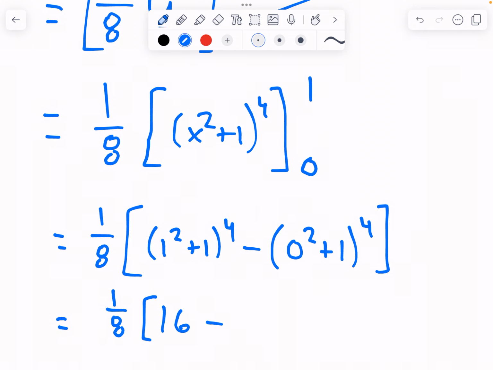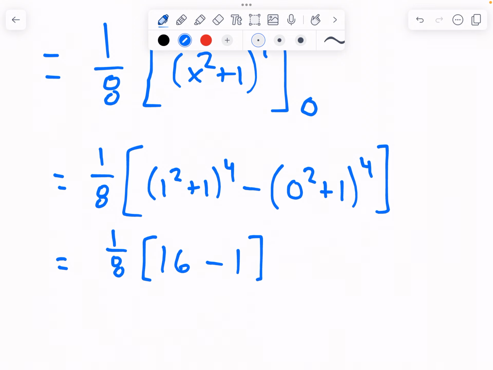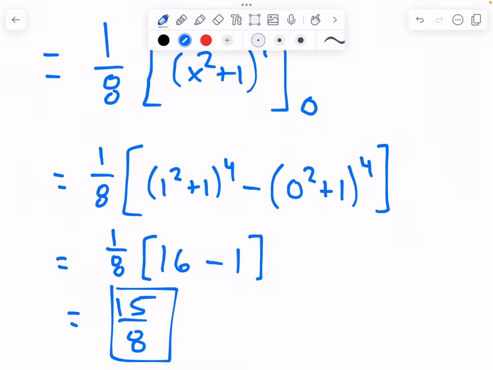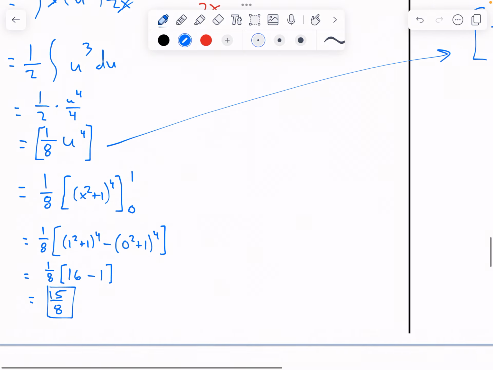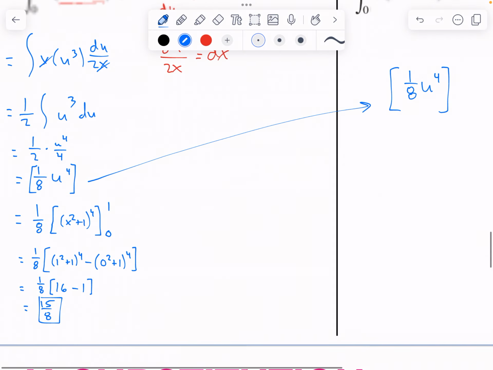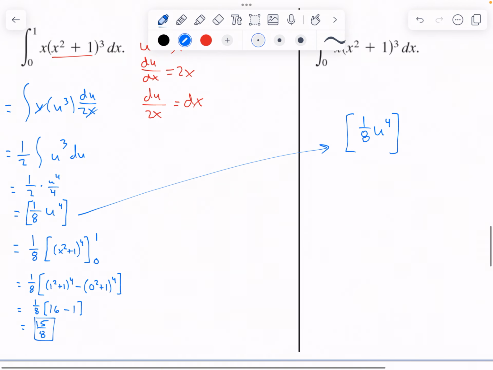This would be 1. 1 to the fourth is 1. This would be 1/8 of 15, call it 15/8. We could confirm that using that feature of our graphing calculator, remember. Check our answer that way. So there is one of our choices: to resubstitute what u is equal to in terms of x, and then use the original limits of integration.